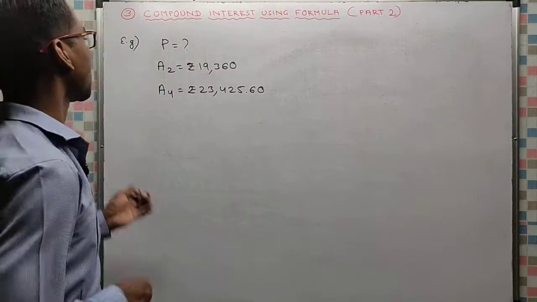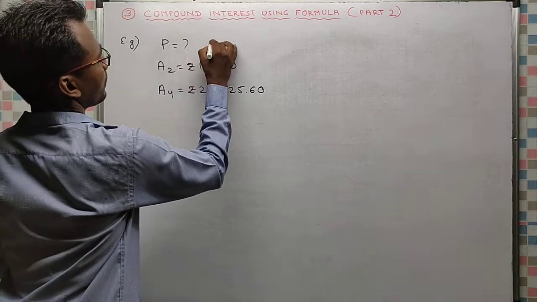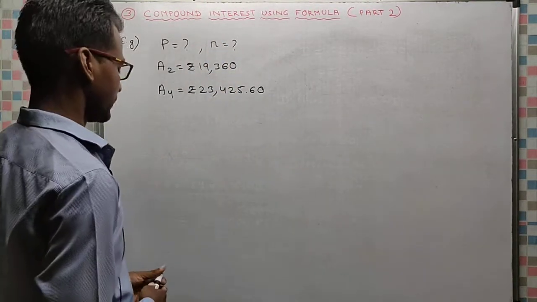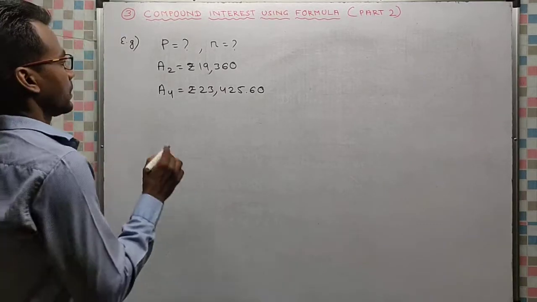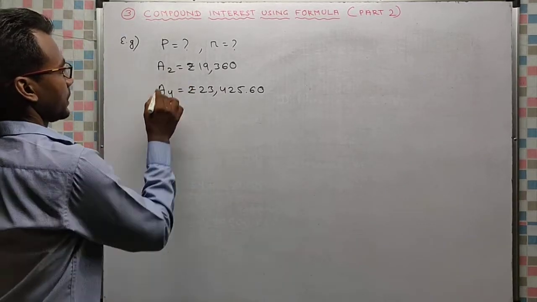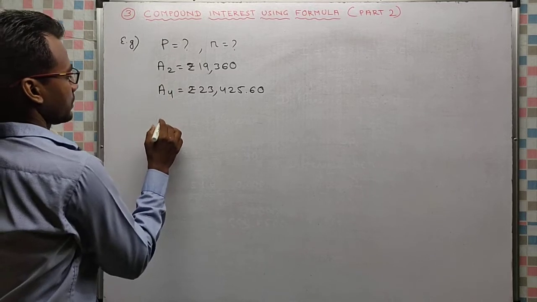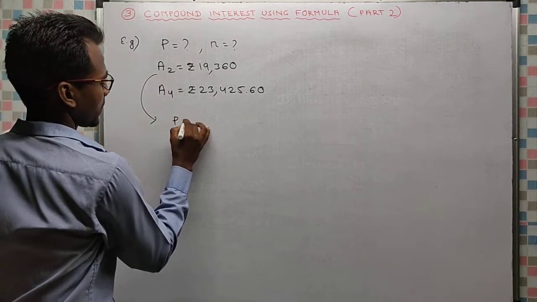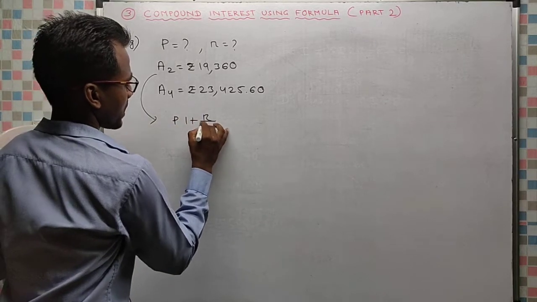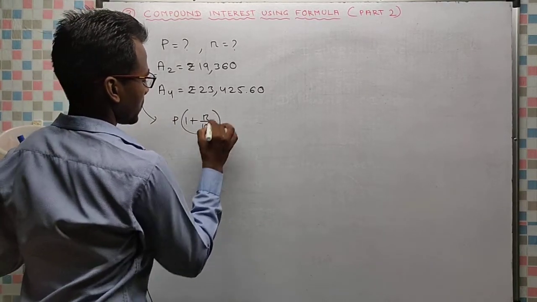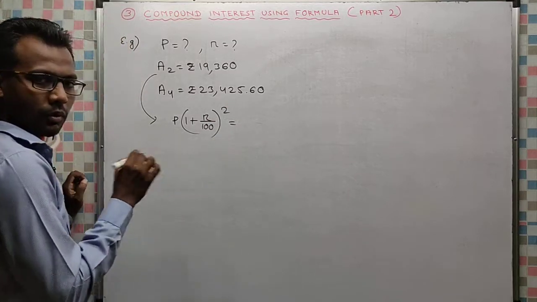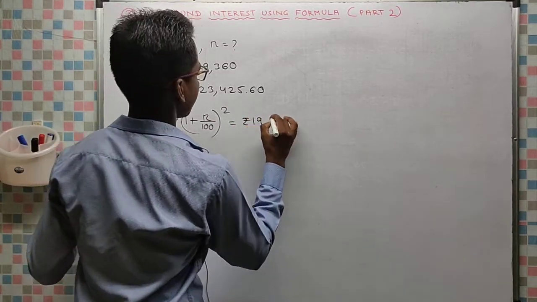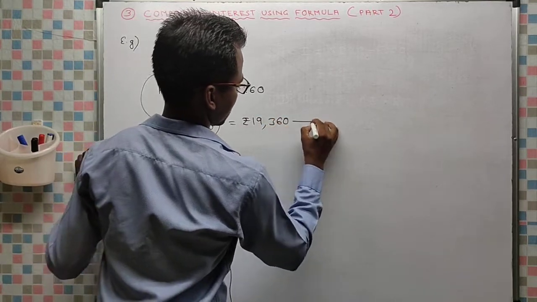You can ask to find P and R also. A2, this A2 formula is P into 1 plus R by 100 power 2, equal to rupees 19,360.